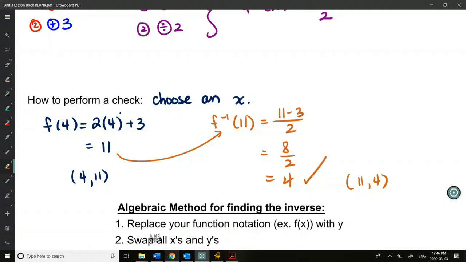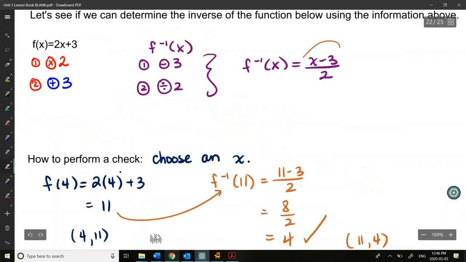We're going to use this idea to develop an algebraic method for finding this equation, because the more complex our f(x) equation gets, the more complex our inverse function is going to be to find, right? So if we have a couple steps that can lead us through that process, it's going to be a little bit easier for more complex functions.